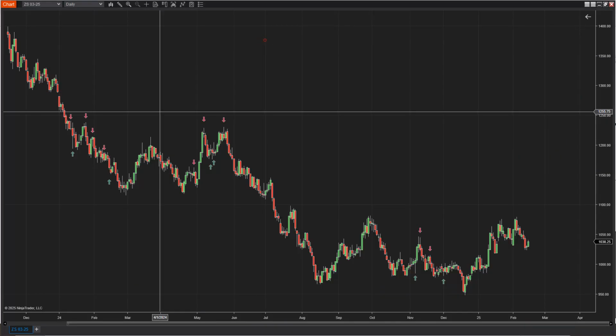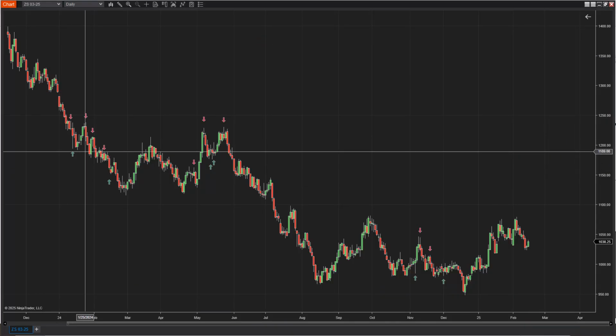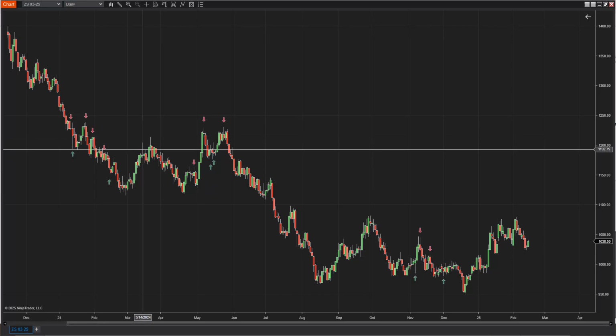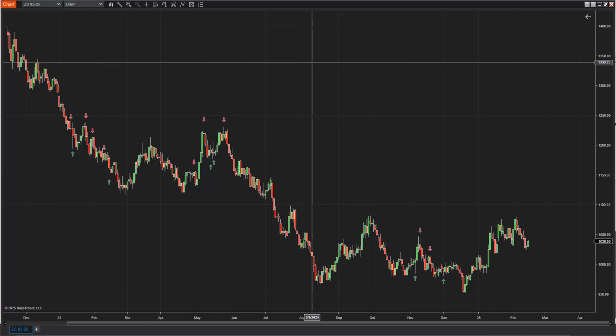The 25th was that high there. The 31st is that high right there. Two clean highs where the latitude and the aspect were exactly on the same date.